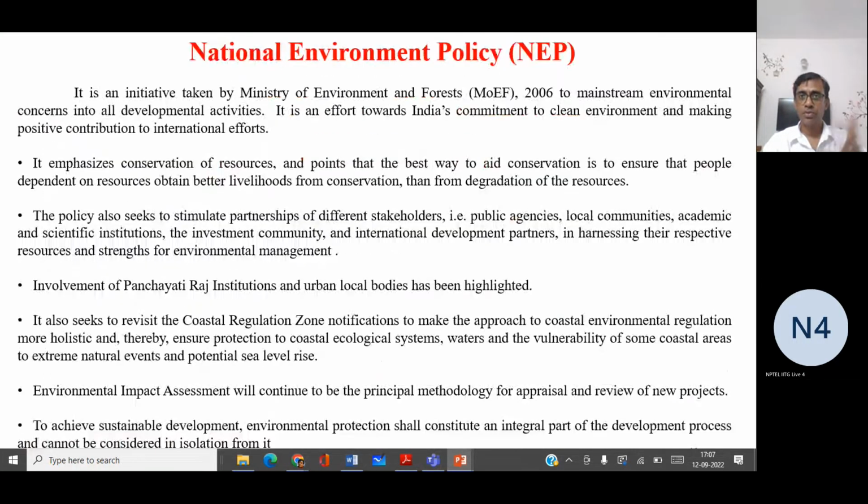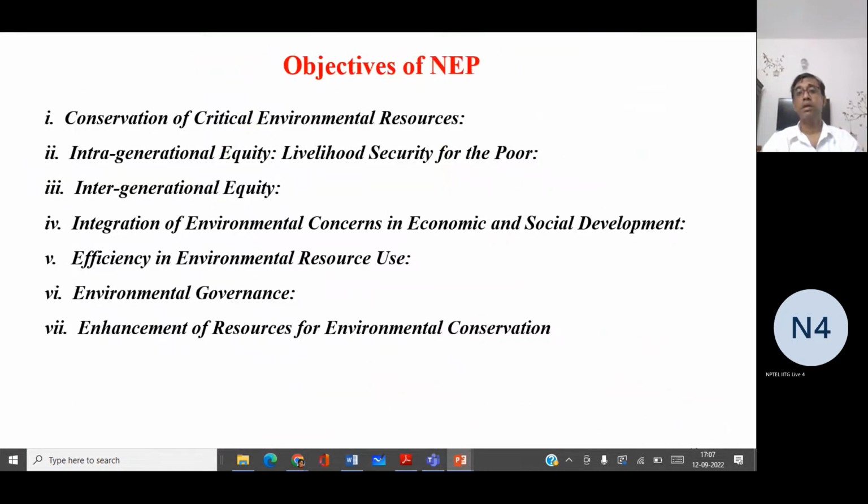Then we got into the National Environment Policy, a very important document for our country.